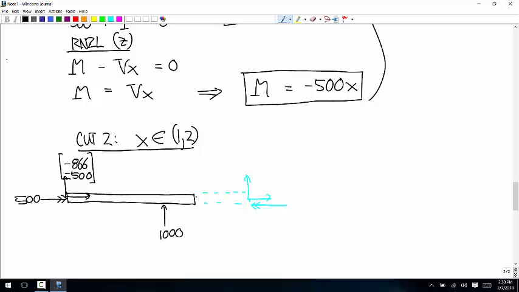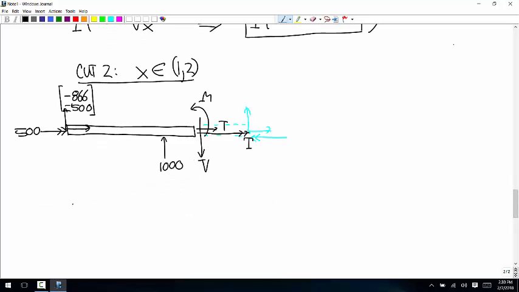And then we have the internal loads, T, V, M, and torque. Okay? And this distance is x.